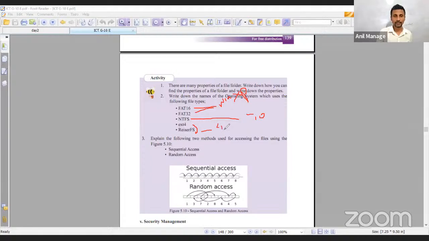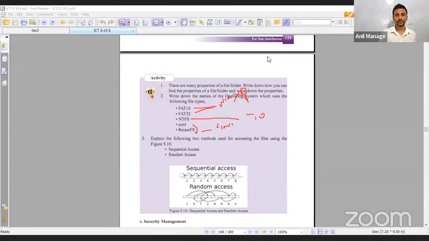If you have the book, please take them down, because sometimes you will get MCQs asking which file system is related to which operating system. So remember that.